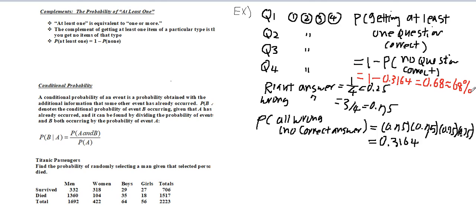Next is called conditional probability. We talked about this a little bit when we covered dependent events. When you have dependent events, you multiply the probability of event A by what we call the conditional probability.